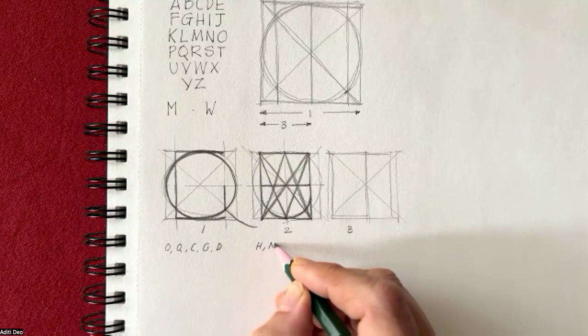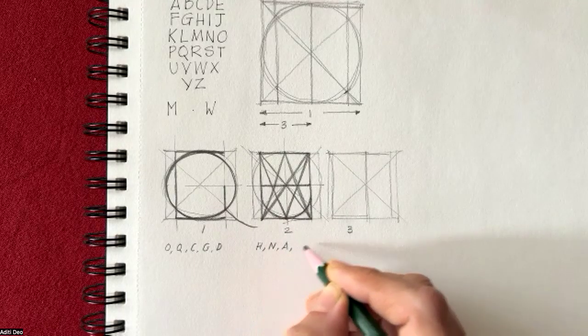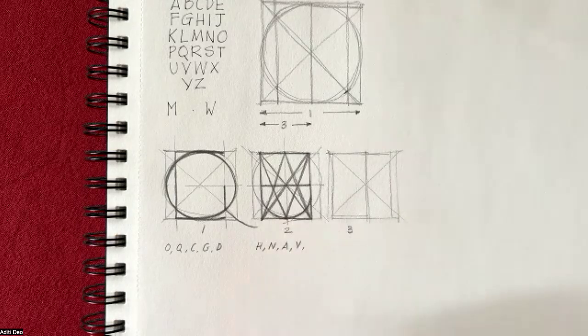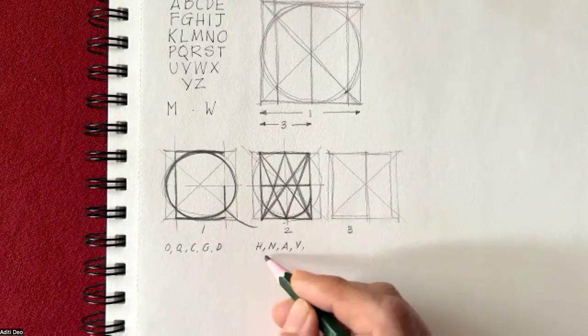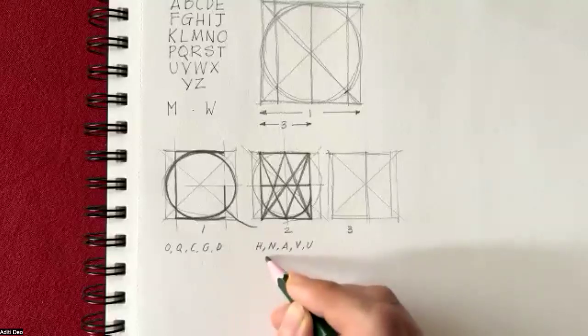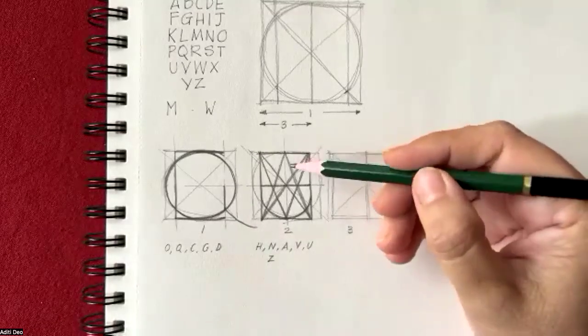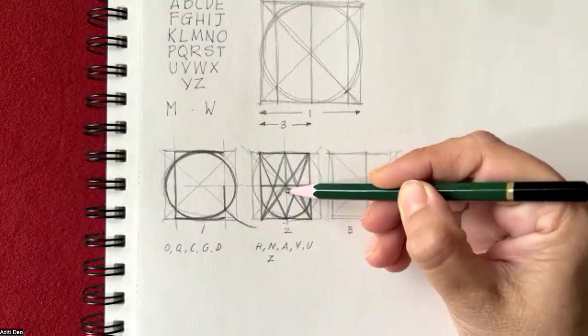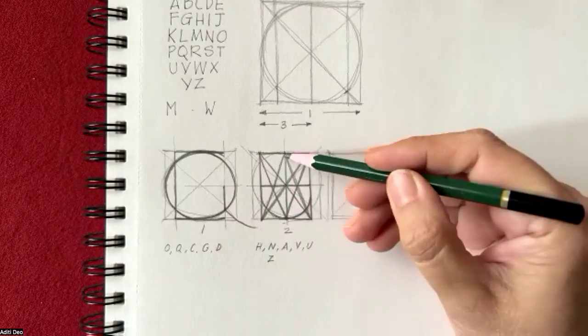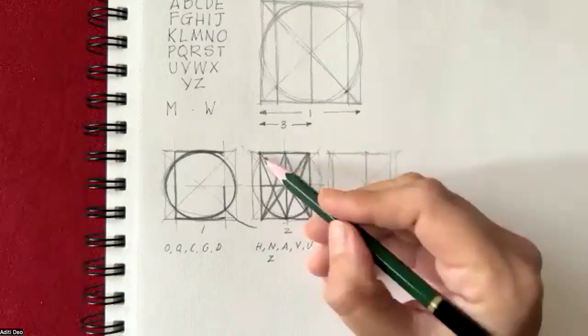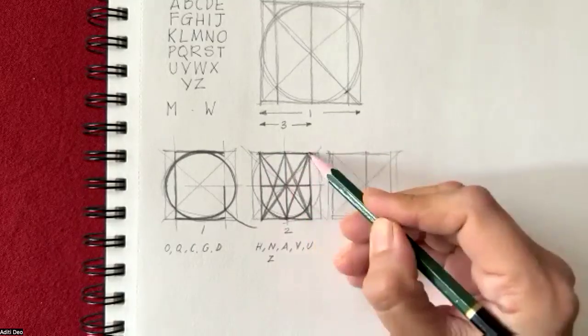So you have H, N, A, V, U, Z, and of course we can also have a T here. And if we look sharp, we also have a Y here.